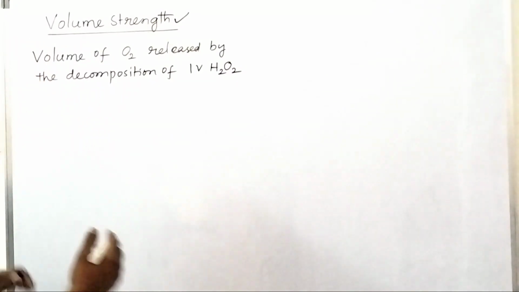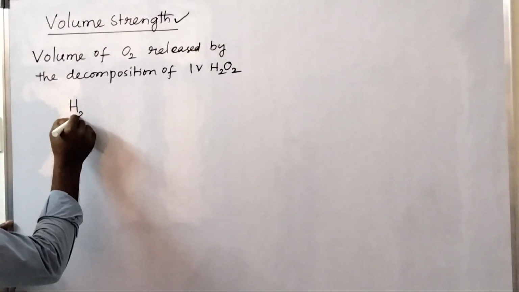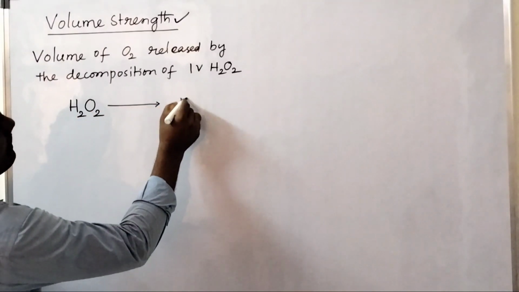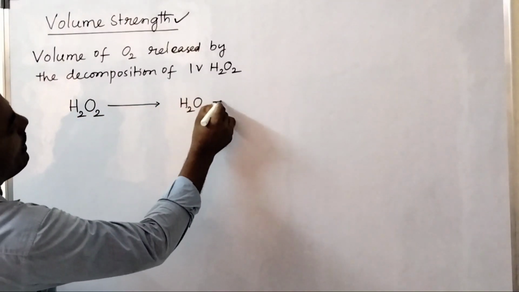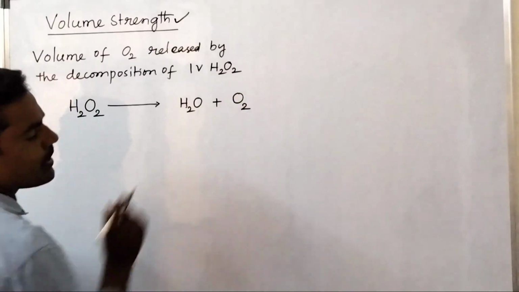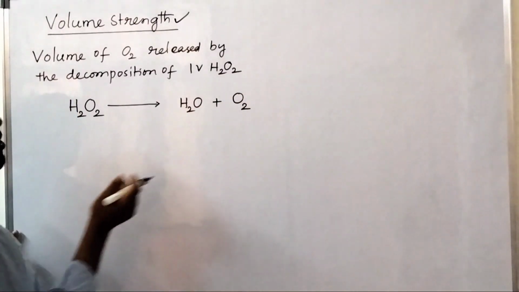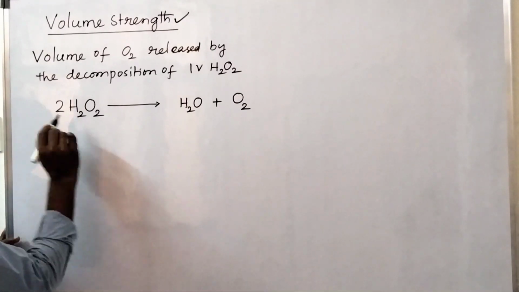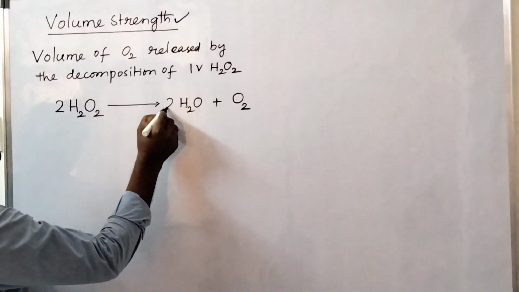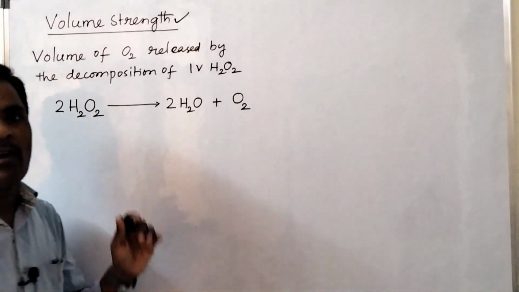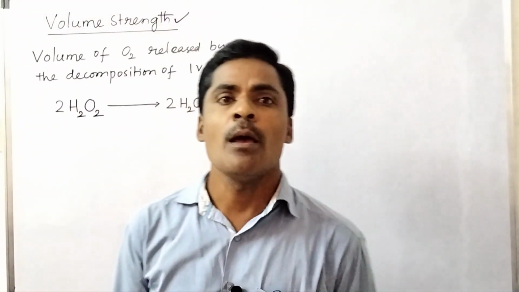Hydrogen peroxide, H2O2, is split into water and oxygen. Hydrogen peroxide decomposes into water and oxygen. Here 2 H2O2 gives 2 H2O plus O2. It is the stoichiometric or balanced equation of decomposition of hydrogen peroxide.